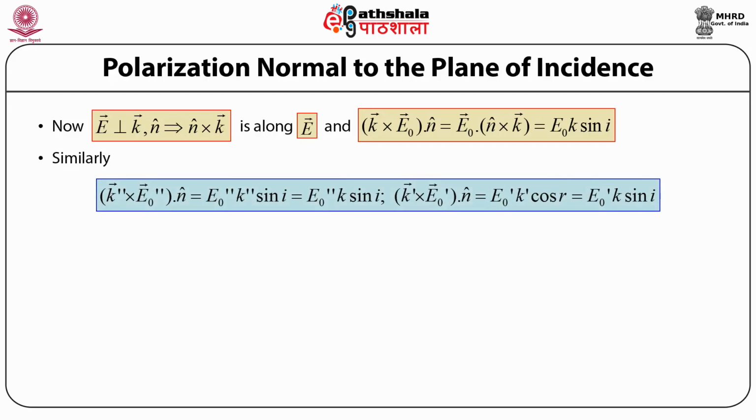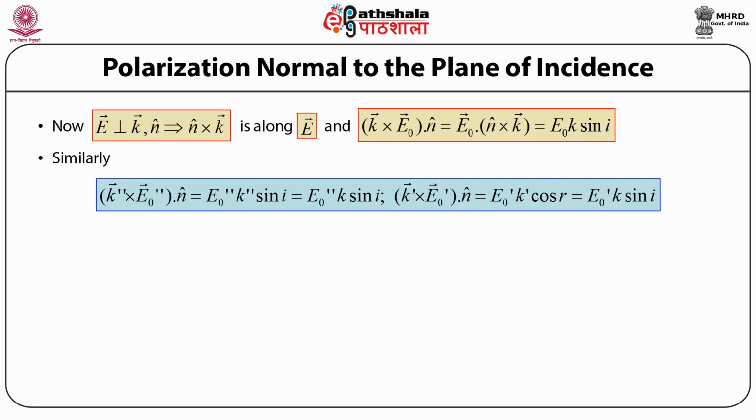And in a similar fashion, we can define for the reflected wave that the cross product of the reflected wave vector k double prime and the amplitude of the reflected electric field vector E naught prime, and the dot product of this with the unit normal n cap, is equal to the amplitude of the electric field vector of the reflected wave E naught double prime times the reflected wave number k double prime times sine of I, where I is the angle of incidence, and this is also equal to the angle of reflection, that is r prime.